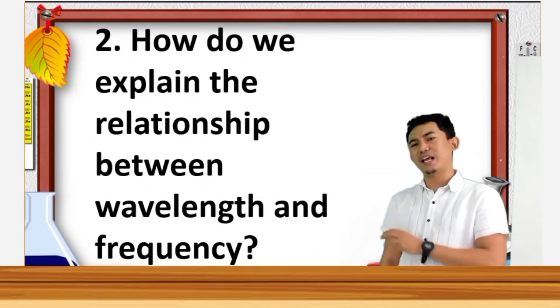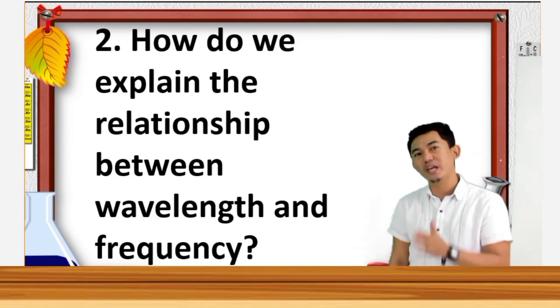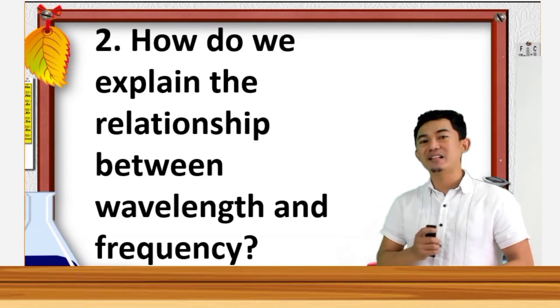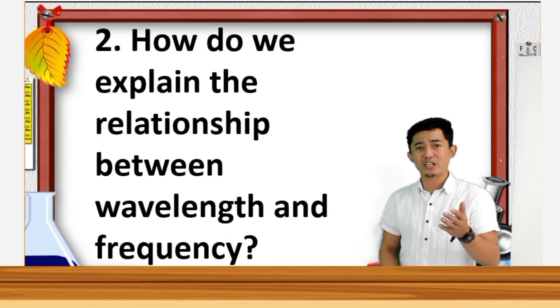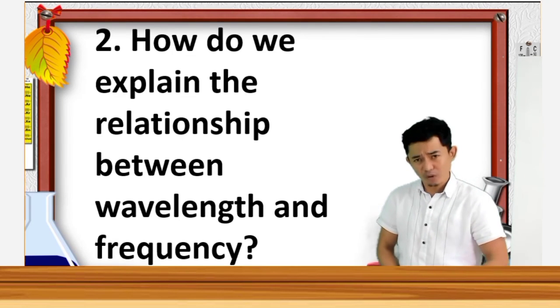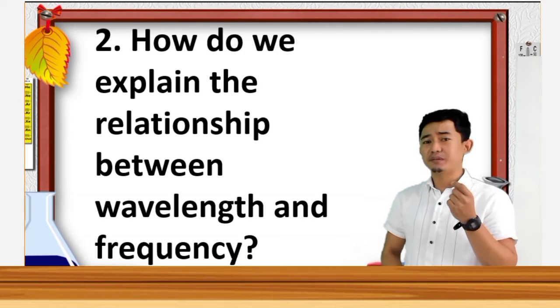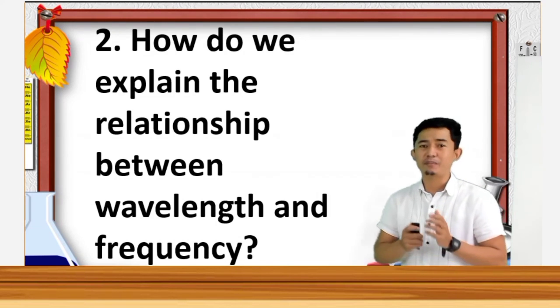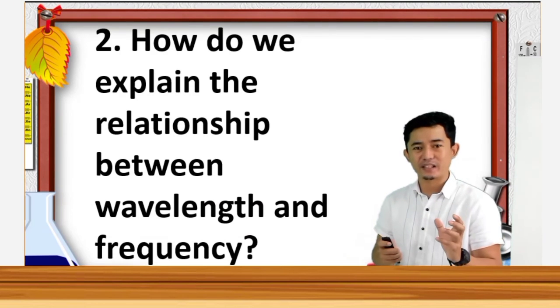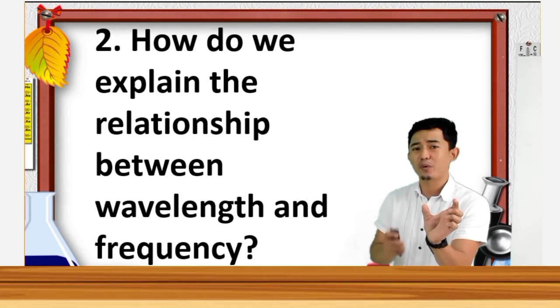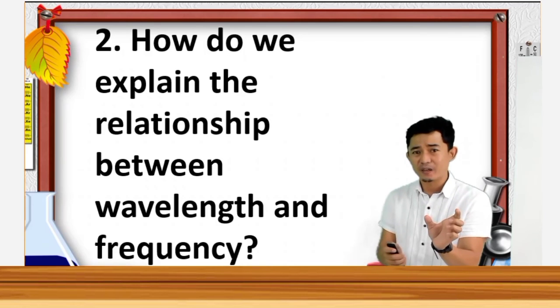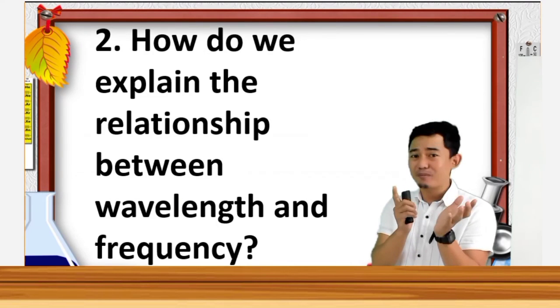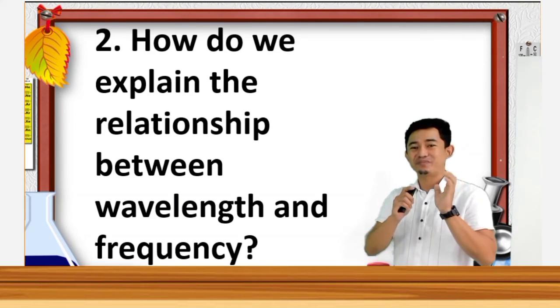How do we explain the relationship between wavelength and frequency? Is there any relationship between them? Of course, yes. There is a big relationship between them. As the wavelength is shortest, we have the higher frequency. Actually, sorry, I'm wrong with that.